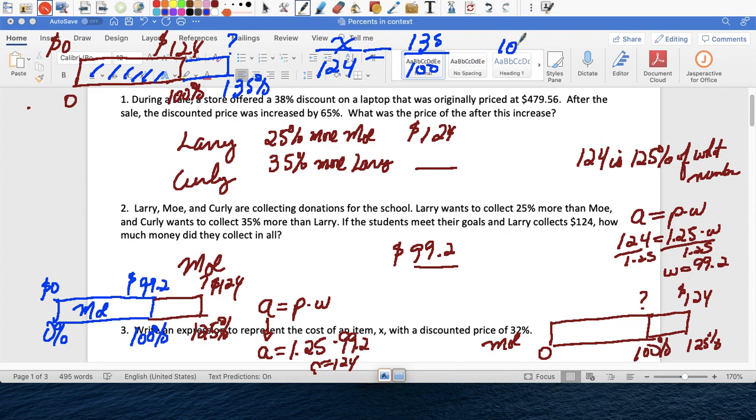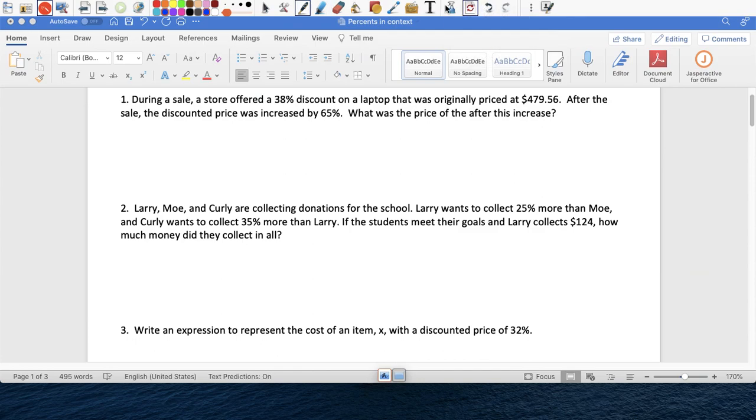Cross multiply, you get 100x equals 124 times 135, which is 16,740, which we're going to divide by 100. And x equals $167.40. Now you can add all three and find the answer. All right, so that one wants a little bit more work.